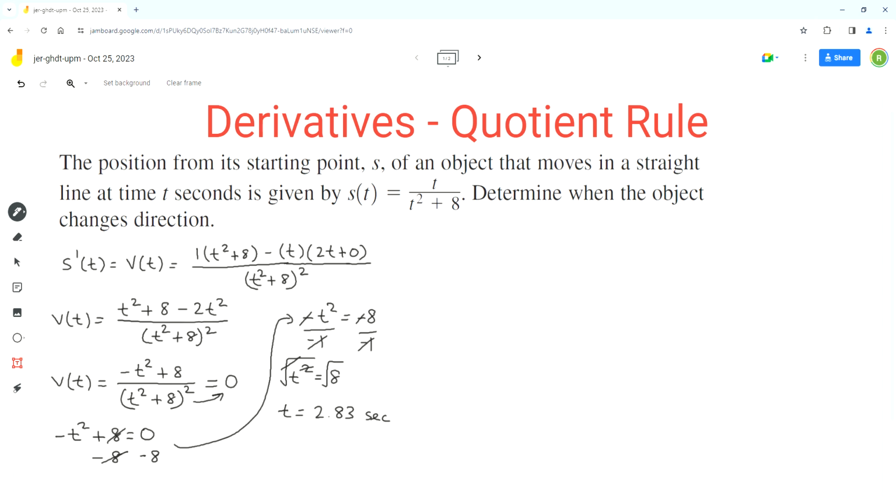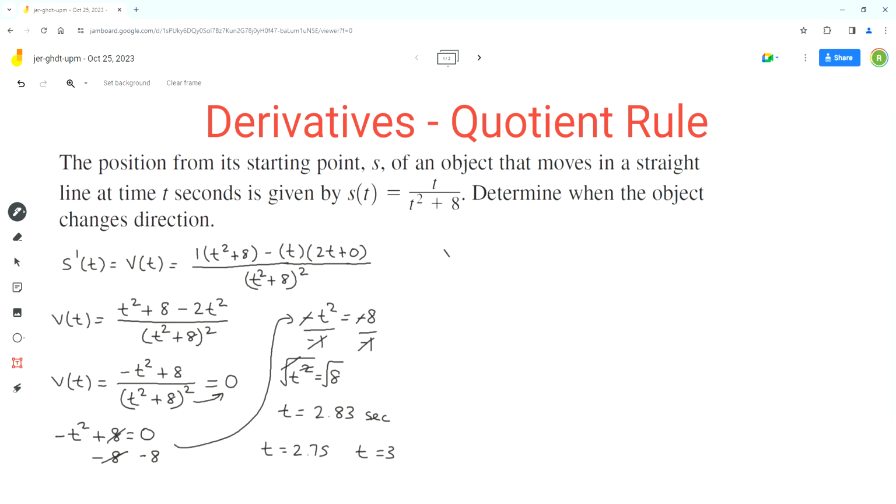Now we have to check whether the object changes direction at this time. We'll find the velocity of this object just to the left side of this t value and then to the right side of this t value and check whether the sign of the velocity changes. So we can use t equals 2.75 and t equals 3. 2.75 is on the left side of 2.83 and 3 is to the right side of 2.83.